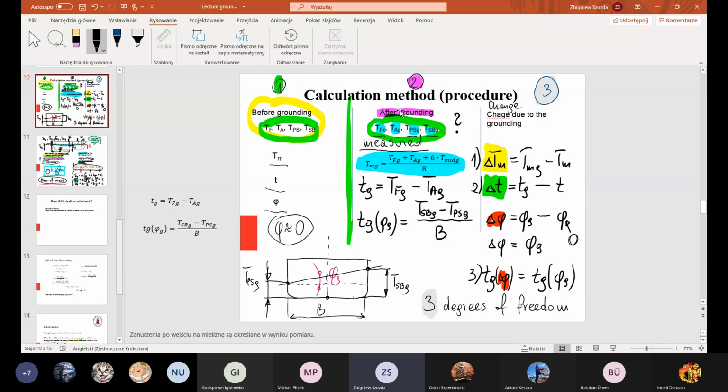After grounding, you observe new drafts: in general, a new mean draft, new trim and new angle of heel. And you ask what artificial weight has to be discharged from the ship to create the same changes in mean draft, trim and angle of heel.